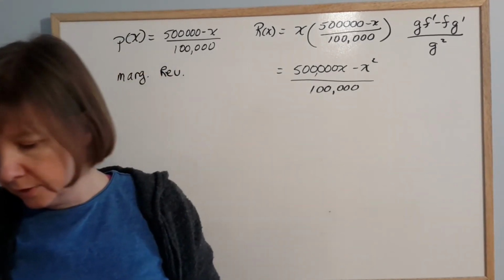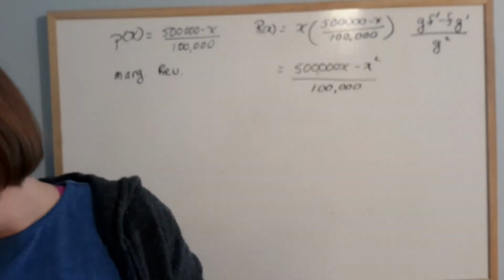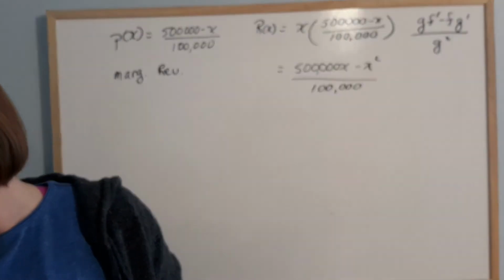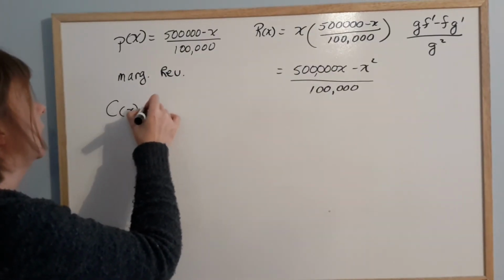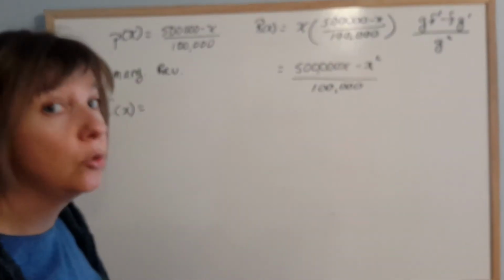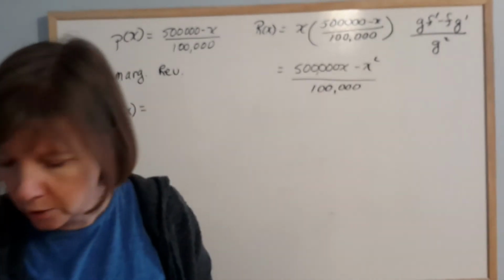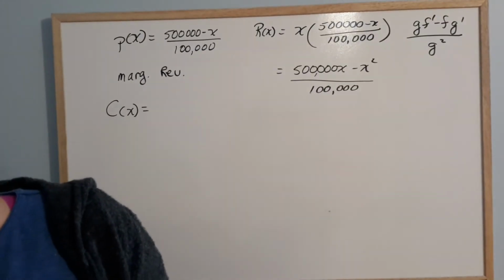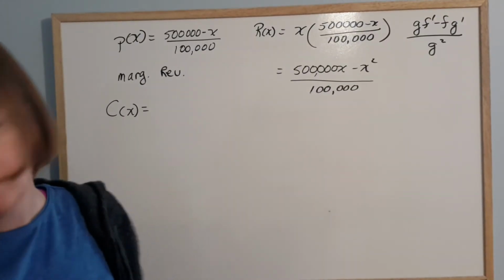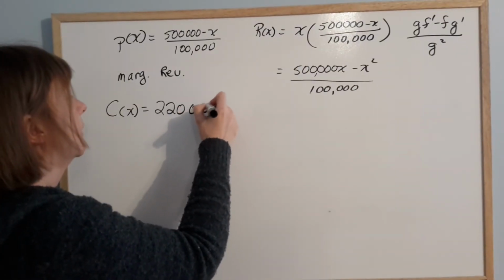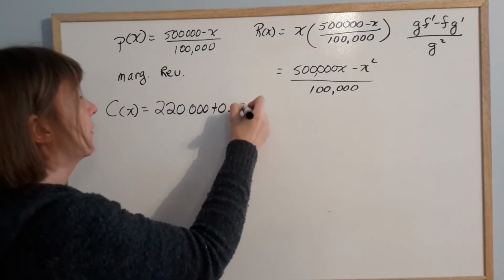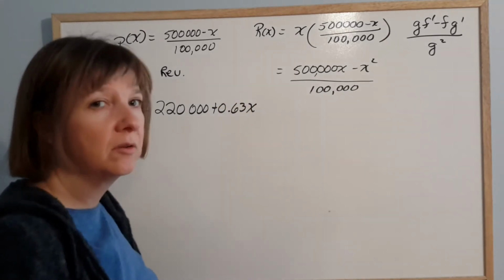So part D says they estimate that the cost, and remember I said they will always give you the cost formula if you need it. It's not something you have to figure out. It's given to you. So the cost formula is 220,000 plus 0.63x.